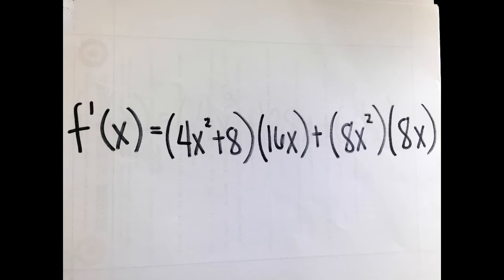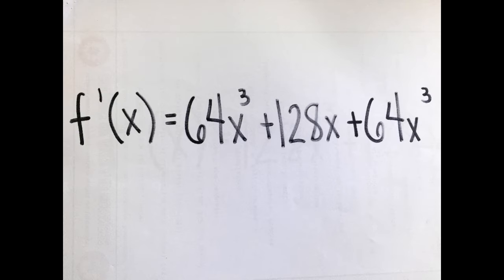Then, after that, we just distribute 16x to 4x squared and 8, whereas 64x cubed plus 128x would be the product. And multiply also 8x squared to 8x to get 64x cubed.